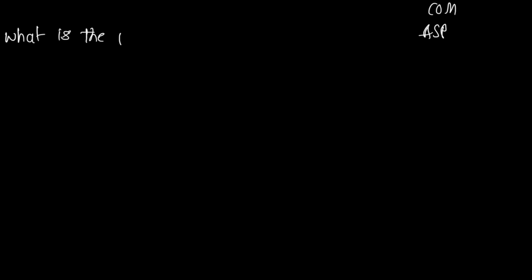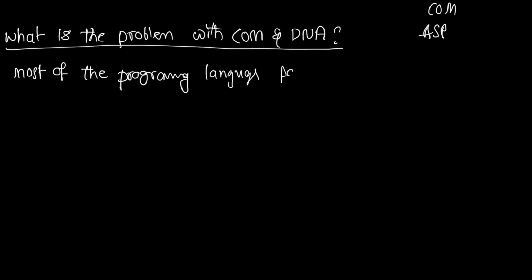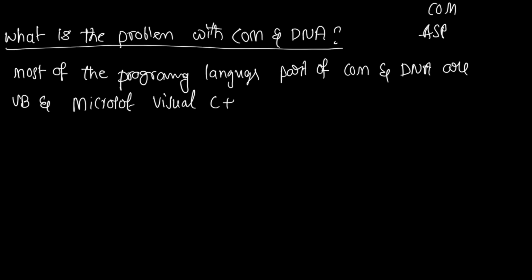So what is the problem with COM and DNA? If you ask me, the main problem is the languages. Mostly the languages we used were Visual C++ or VB, but they are very difficult to learn and very incompatible to work with.